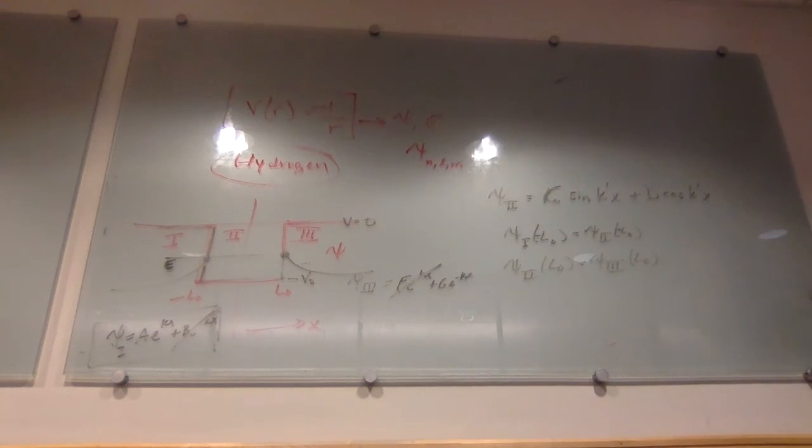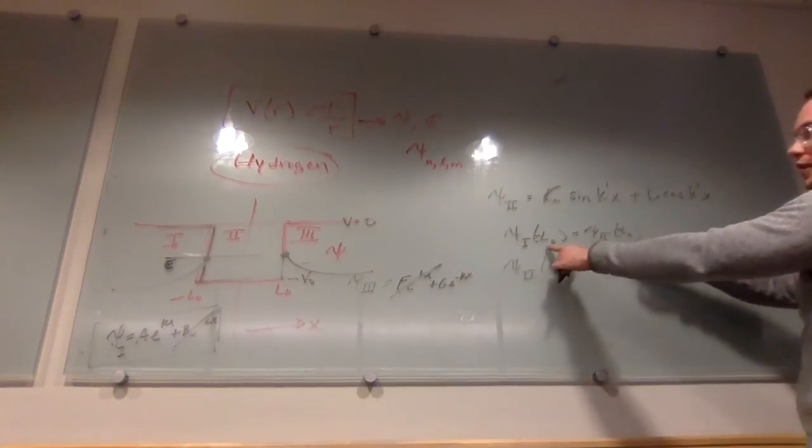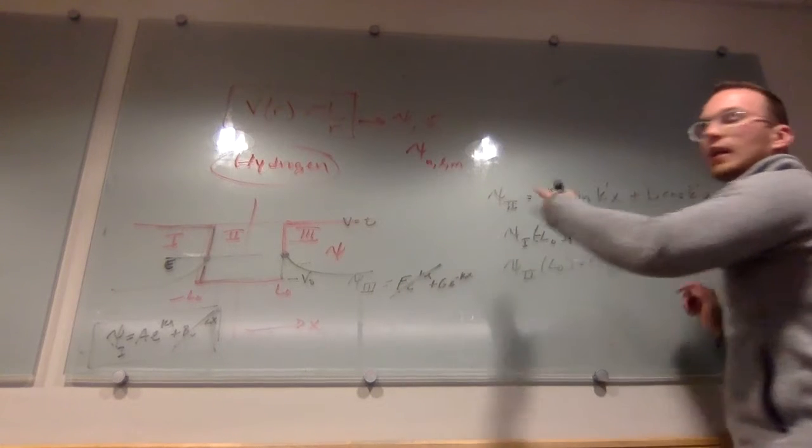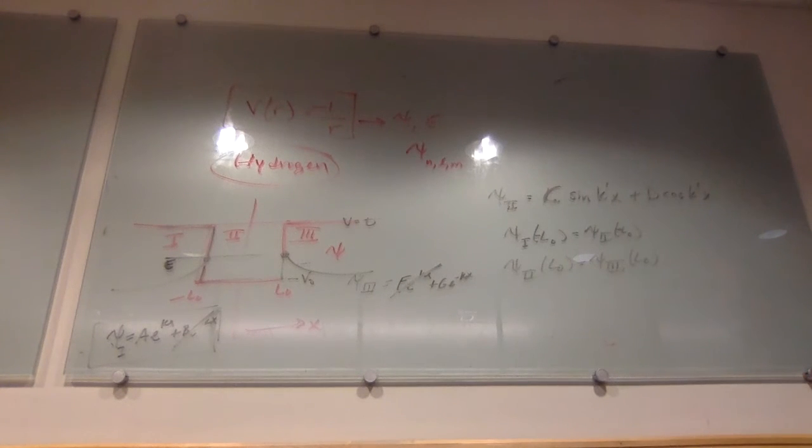It's just a number, but it looks crazy. So I'm not going to actually plug them in because it'll just be a mess of algebra. But you can see that you plug in this, which is psi 2, and that's psi 1, and you can find some relations. That's step 1 where you set up the algebra, and step 2 is where you actually solve it, which is going to be a bunch more algebra.